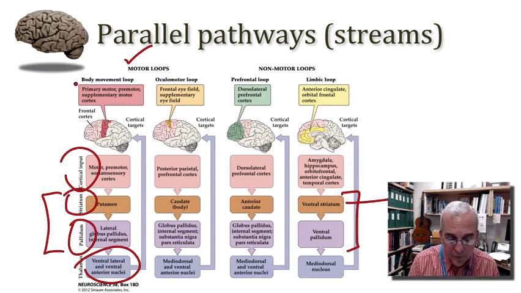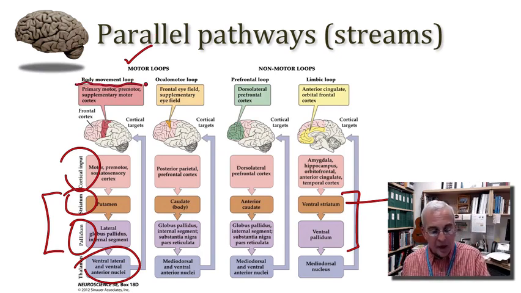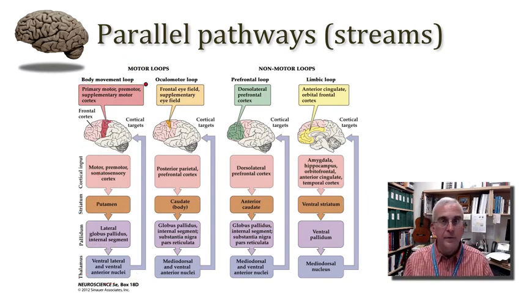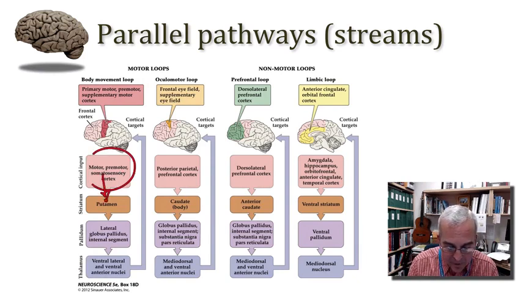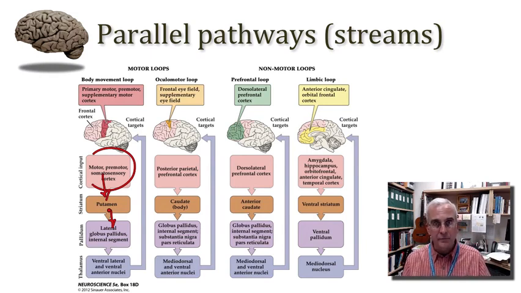So our loop for body movement is derived from cortical inputs that converge from a widespread region of the cerebral cortex into the basal ganglia. So here's the cortical input coming into a part of the basal ganglia that we call the putamen. And that division, part of the striatum, then sends signals into the globus pallidus, another part of the basal ganglia that's representative of this layer of tissue and of processing that we call the pallidum.